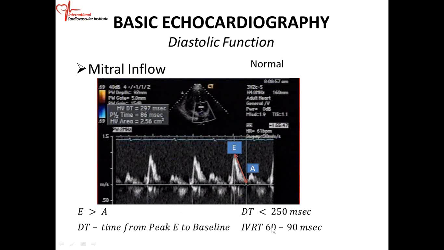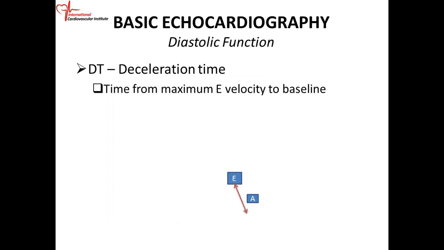The normal IVRT is usually between 60 and 90 milliseconds. And in a normal individual, the E velocity is usually greater than the A velocity.